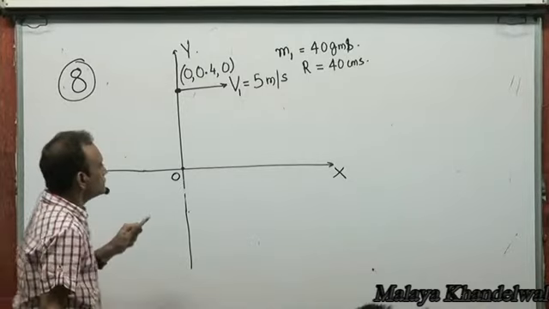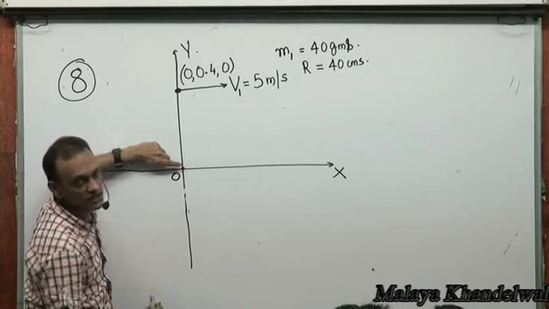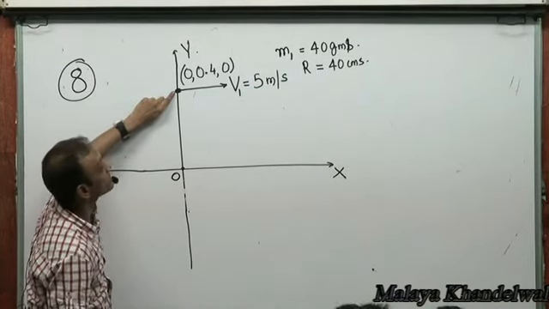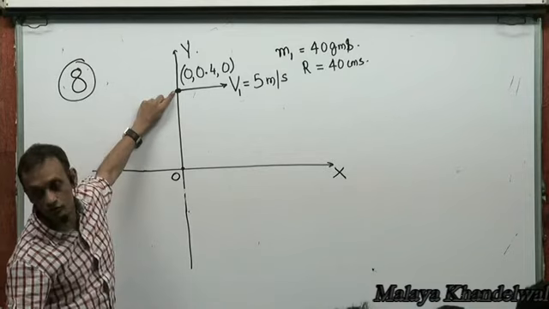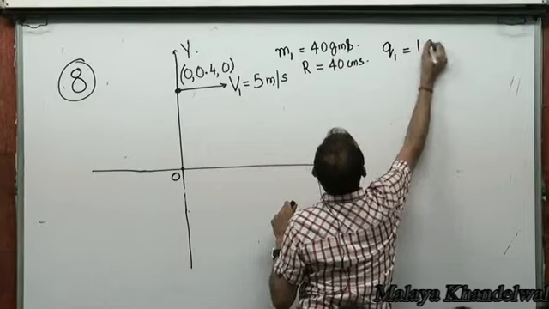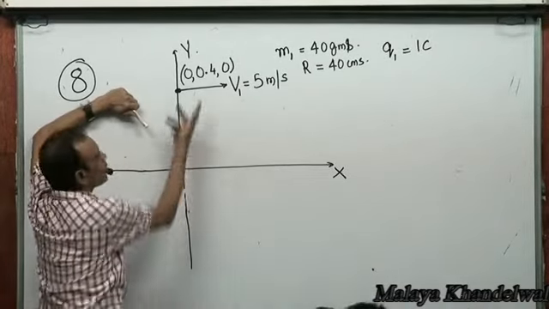Right? Now, notice that this is the center. That means this particle of positive charge q, how much is q given to be? 1 coulomb. It has its center here. That means it experiences v cross B this way.